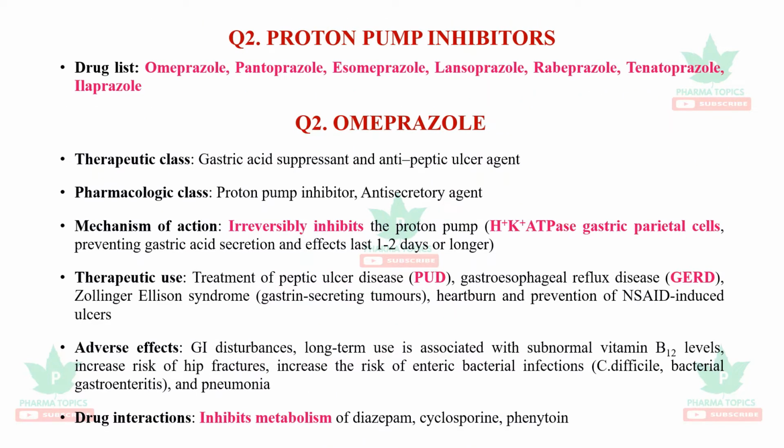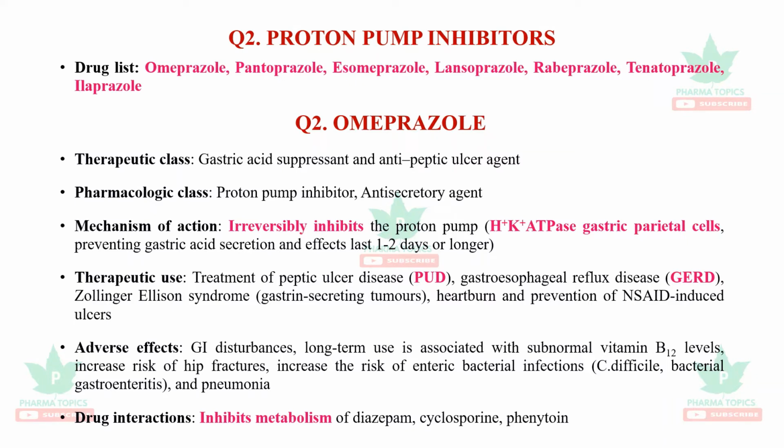The question number 2 is a short note on proton pump inhibitors, or they may ask a short note on the prototype drug omeprazole. The drug list of proton pump inhibitors, they are prazoles: omeprazole, pantoprazole, esomeprazole, lansoprazole, rabeprazole, tenatoprazole, and ilaprazole.